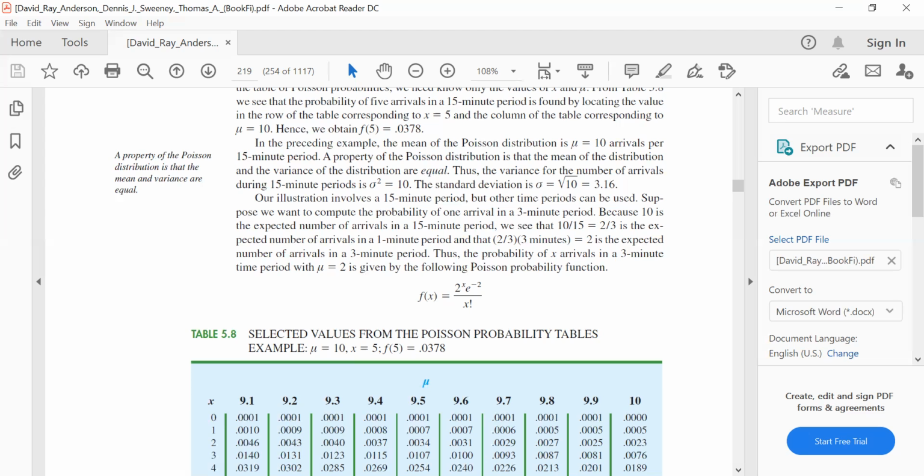Suppose we want to compute the probability of one arrival in a 3 minute period, because 10 is the expected number of arrivals in a 15-minute period.